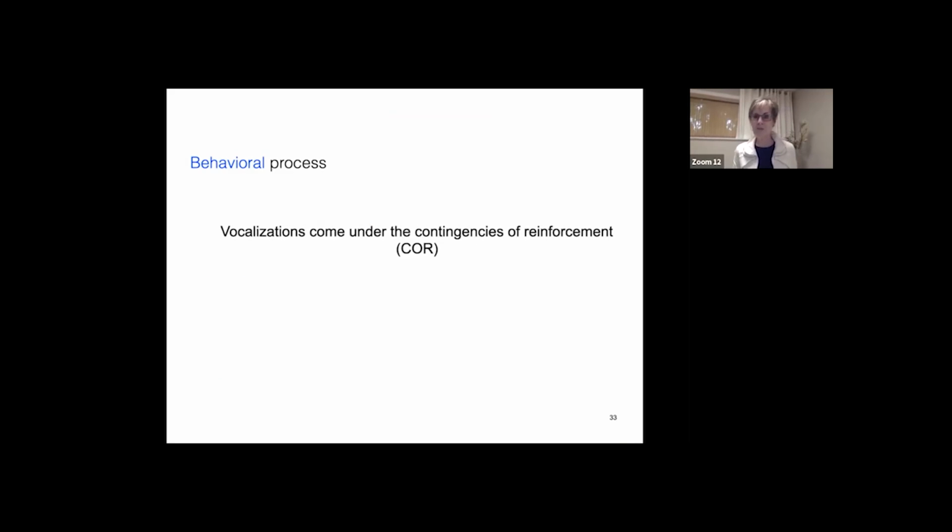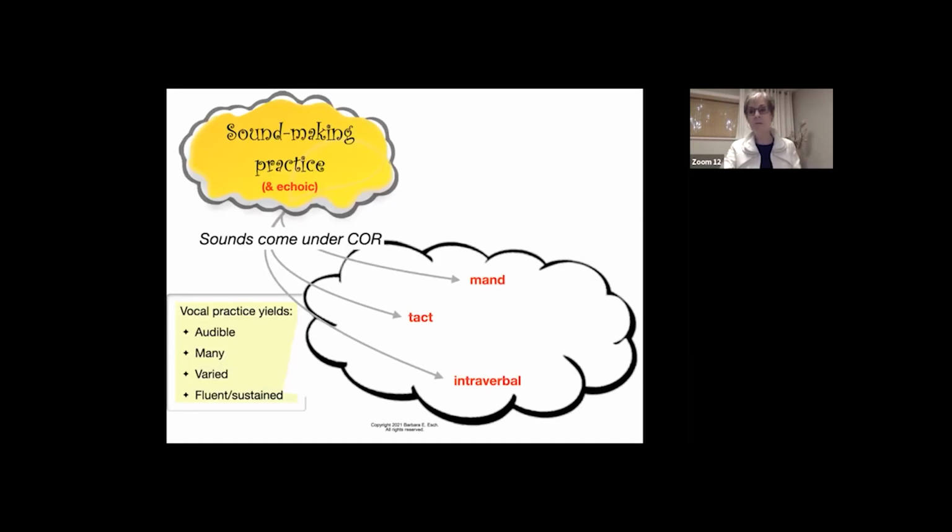So let's talk for a minute about the behavioral process. Vocalizations in the behavioral process come under the control of the contingencies of reinforcement of those sounds. So here we have sound making practice and echoic practice.